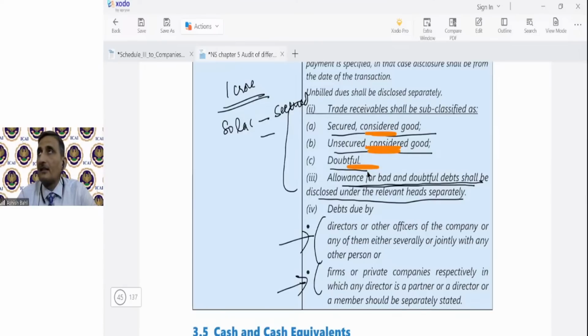Which kind of checks? What are you talking about, Mavish? If the debtor is making payment by way of check, obviously it has to make payment by way of checks. So it is not a security.